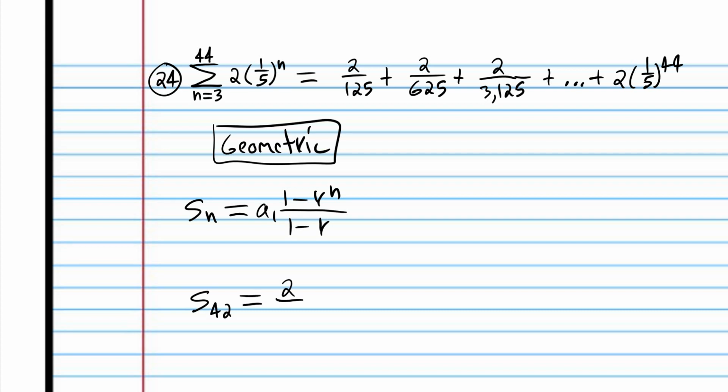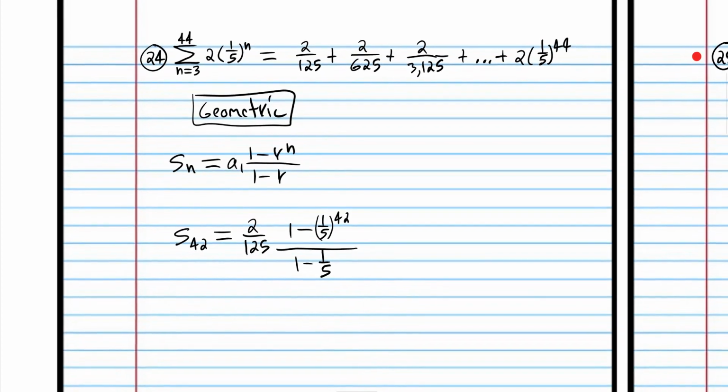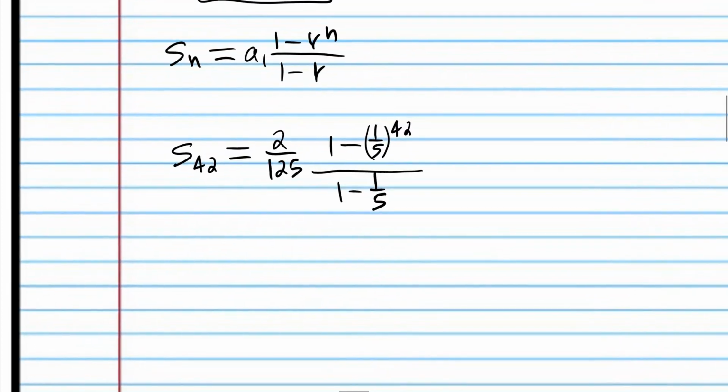And the first term is 2 over 125. The common ratio is 1/5. Adding up 42 terms. And in the bottom we have 1 minus 1/5. Okay, so that simplifies to 4/5 in the denominator.